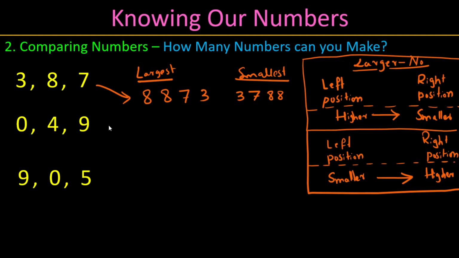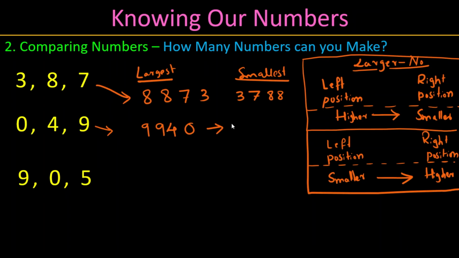Let's go with this number. Highest number 9. Let it be 9, and next smaller number is 4, then 0. We should not use 0, that is the condition. Also, in the beginning, the leftmost side, we should not use 0. In that case, how can we make it? There are two possibilities.